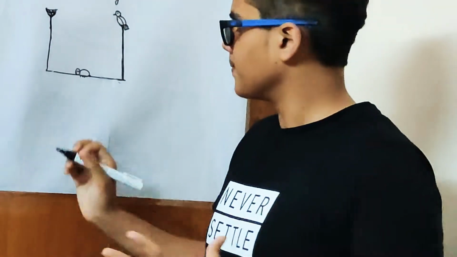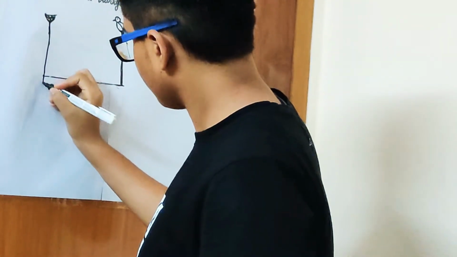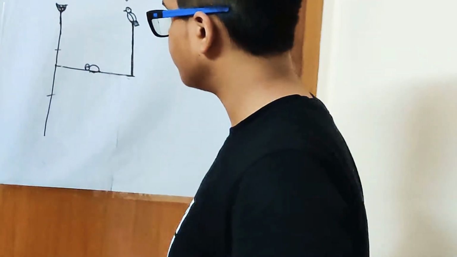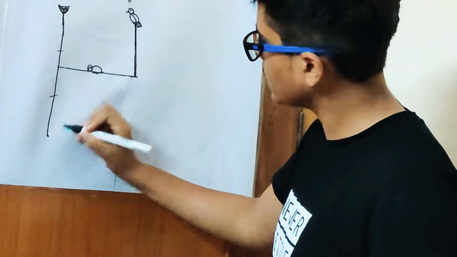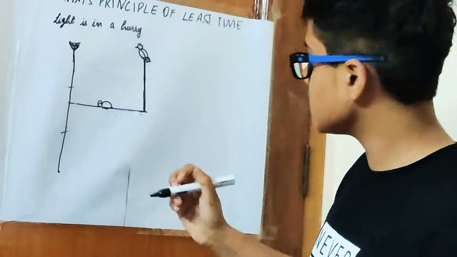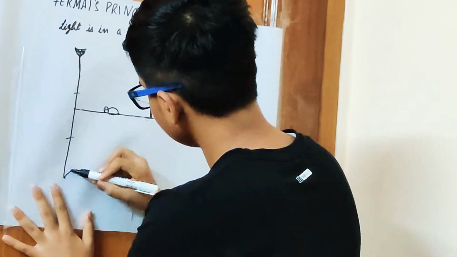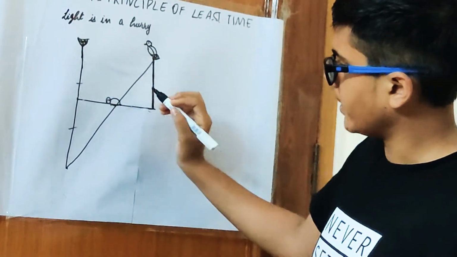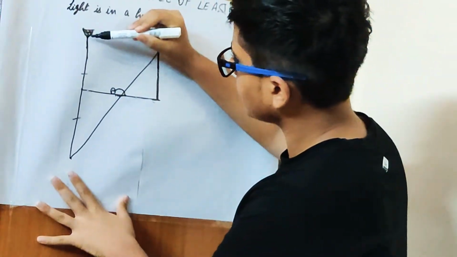Now, firstly, we'll have to extend this line here. Now, let's say these two lines are equal. Now, what's the quickest path between these two points? The quickest path will be the shortest path, that will be the straight line connecting them. So, alright. Now, let's draw another line connecting these 2 points.